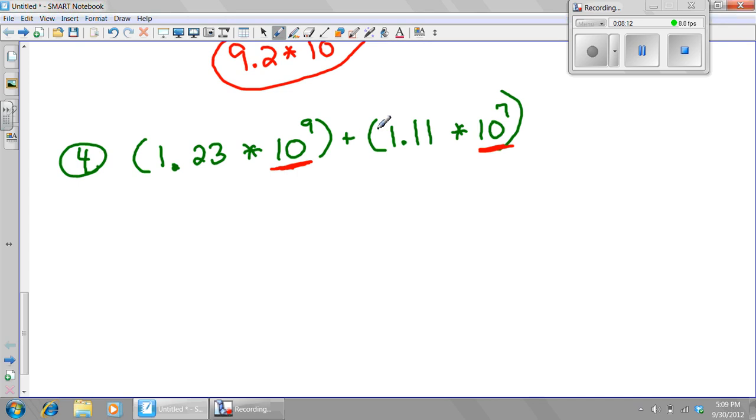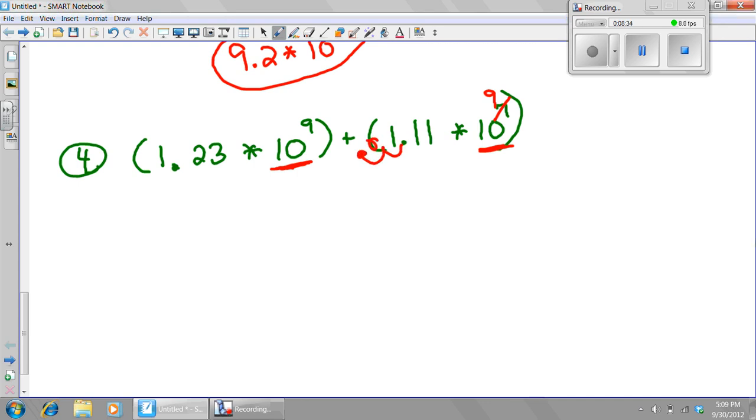All right, so in this case, I need this 7 to turn into a 9. Well, I'm going to multiply it by 100, or 10 squared, which will raise that exponent by 2. But then I have to divide this guy by 100, causing that decimal point to move 2 places back.